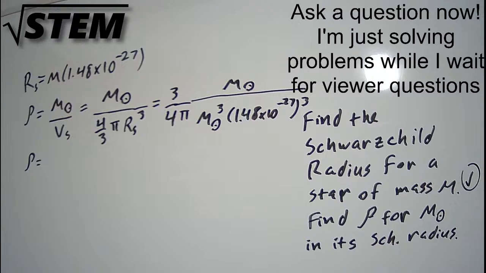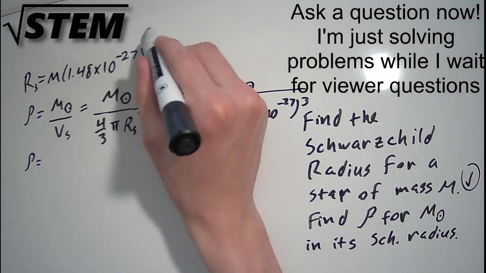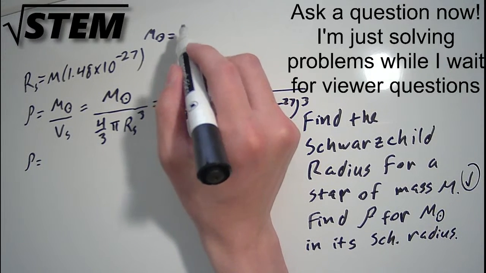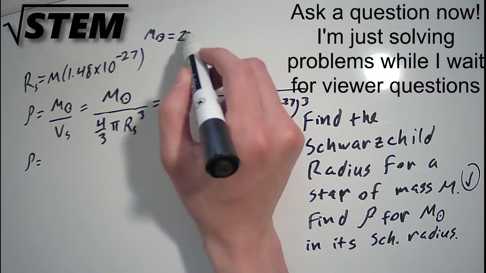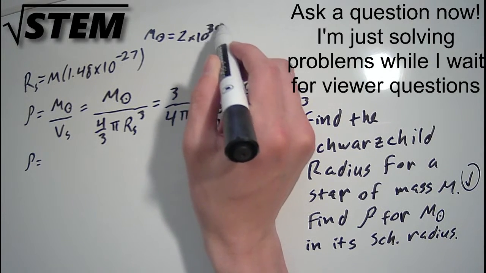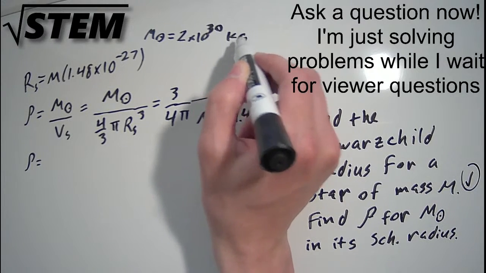That's a strange definition there that Google gave me. Okay. The mass of the sun is about 2 times 10 to the 30th kilograms.